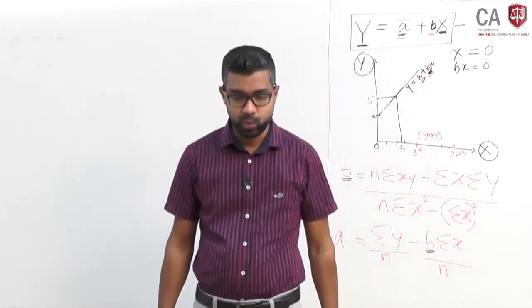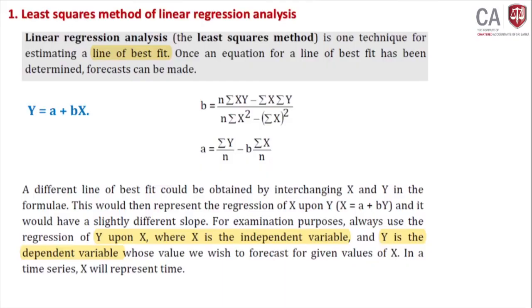That's fine, that we know. This would then represent the regression of x upon y. A and b මාරු. ඒ කියන්නේ x සමානයි a ධන by. ඒ කියන්නේ ඔයාලට මෙහෙම කරන්න පුළුවන් කියලා කියන්නේ.